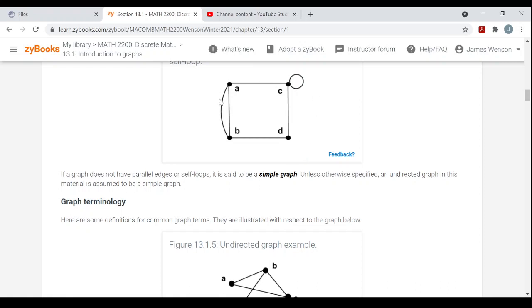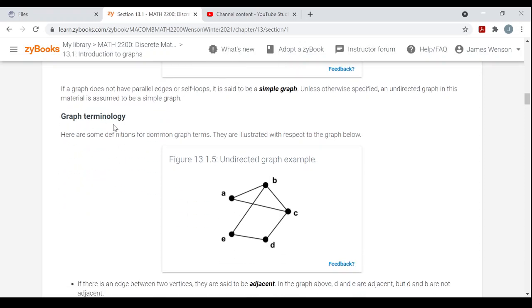So this graph up here is not a simple graph because it has parallel edges. Right? It has a self-loop. So unless otherwise specified, an undirected graph in this material is assumed to be a simple graph. Most of the graphs we're going to be studying will not have parallel edges or self-loops.